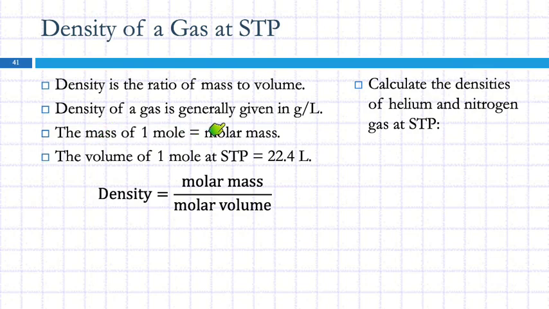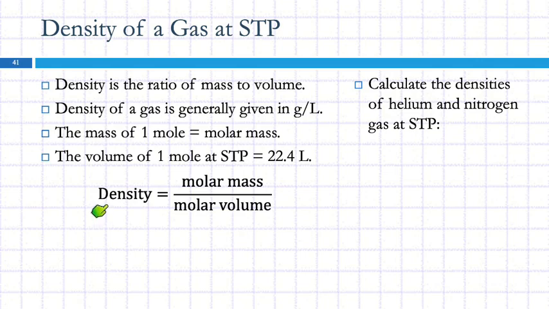Densities for gases are usually given in grams per liter instead of grams per milliliter because they occupy so much more volume and they are so much less dense that grams per liter gives us a nicer density. So your book gives you a formula so that you can calculate the density. And that works and that's nice, but that's another formula to remember, another equation to remember. So I'm not going to show you that.